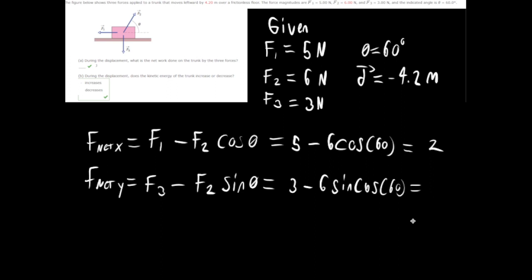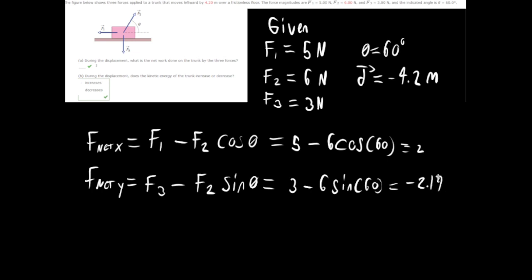And 3 minus 6 sine 60, my apologies, this one is actually negative 2.19.